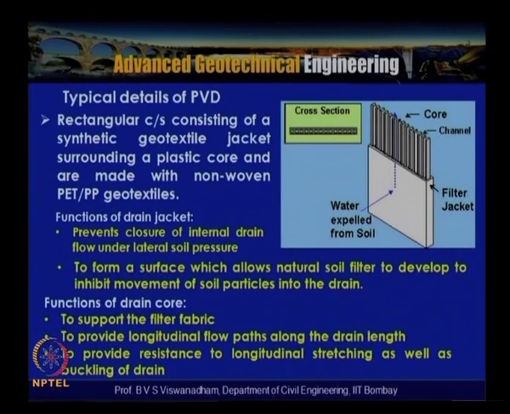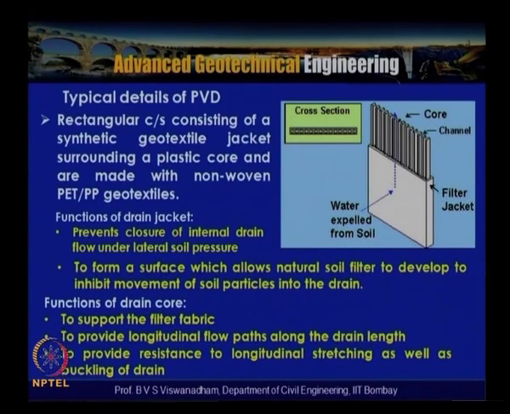As we said, this filter jacket is generally made with nonwoven geotextile, either polypropylene or polyester or any other appropriate material, and the core is made with HDPE or polypropylene. It has to be efficient in draining the water even under stress, under conditions where stress is applied.